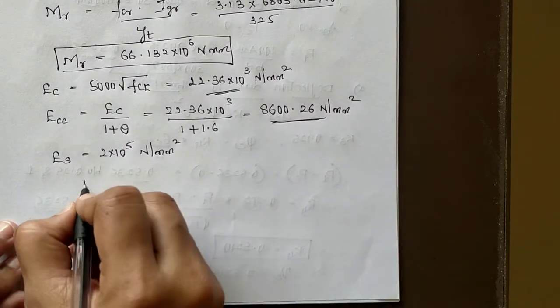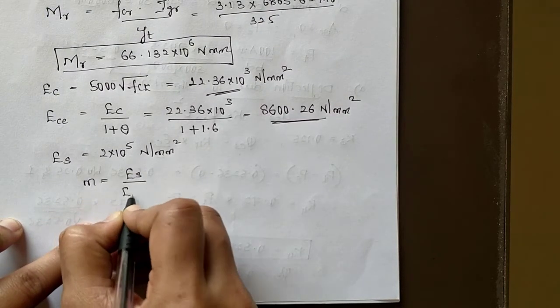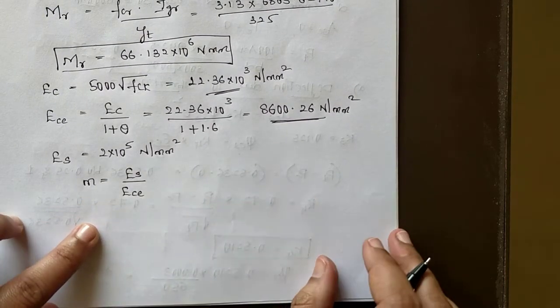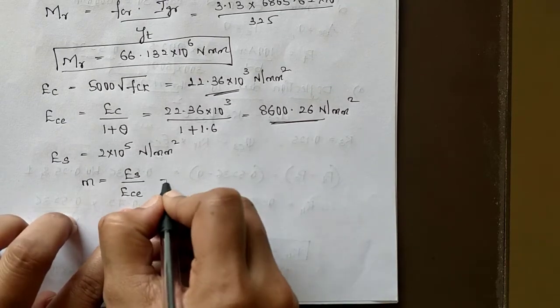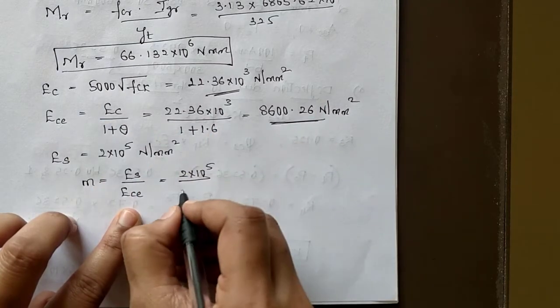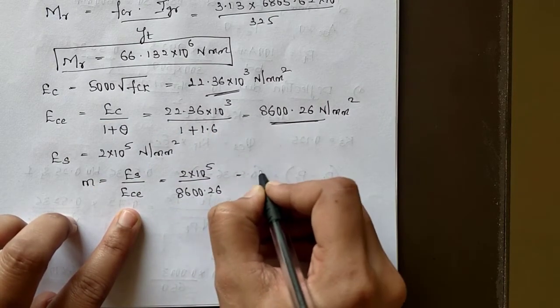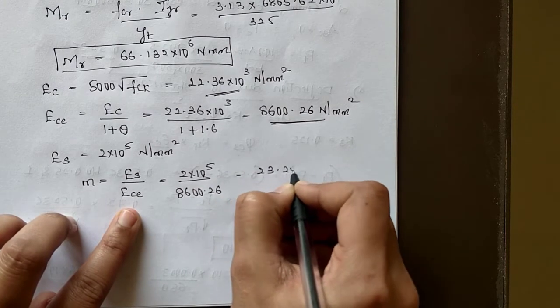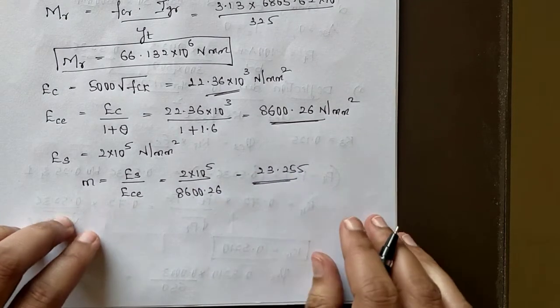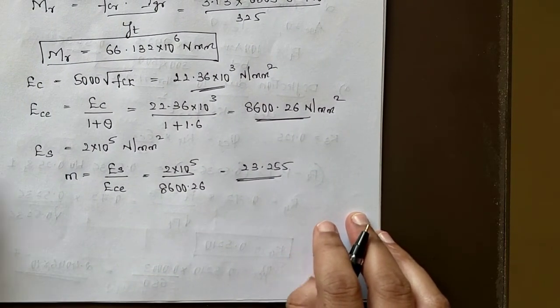Then calculate the modular ratio. It is Es divided by Ece. Es value is 2 into 10 to the power of 5, Ece value is 8600.26. You will get the modular ratio as 23.255.